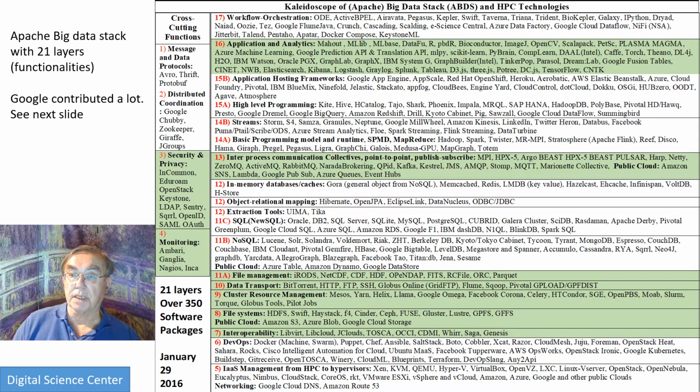Airavata comes from Indiana. Pegasus, Kepler, Swift, Taverna, major HPC systems. And Oozie, Naiad, Flume Java from Google, and Crunch are the more Apache systems, or I should say more big data systems. NiFi, from the National Security Agency, is a pretty interesting orchestration system.